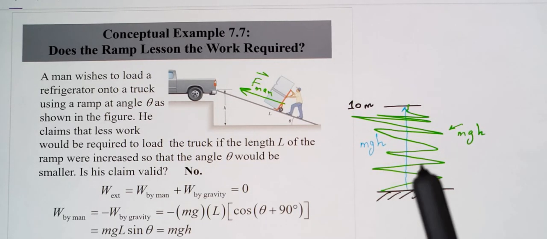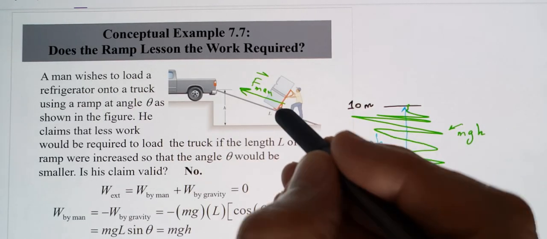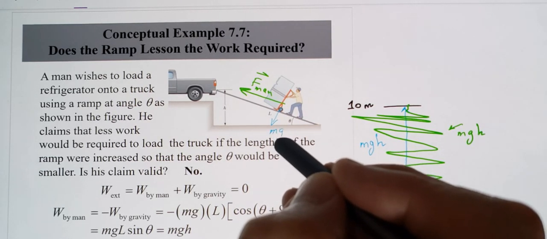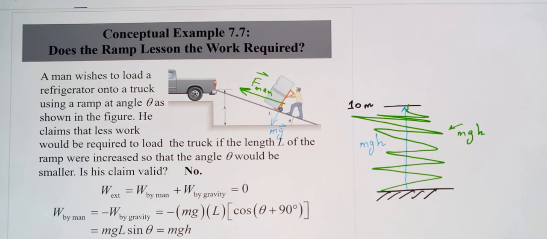And the force of gravity, mg, is perpendicular. So the angle is 90. So cosine theta plus 90 degrees will give me sine theta.